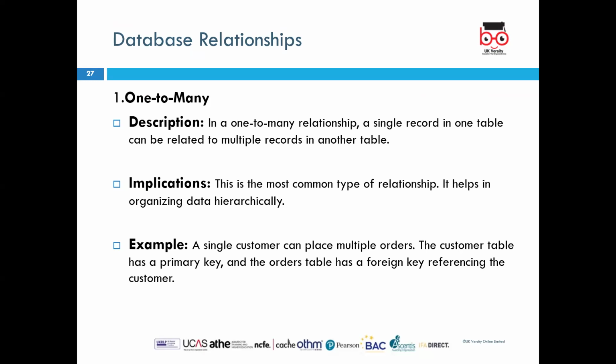For example, a customer ID table can relate to a shipping table, billing table, or cart, or your basket. So that could be one-to-many. So what are the implications? This is the most common type of relationship, and it helps organize data hierarchically.